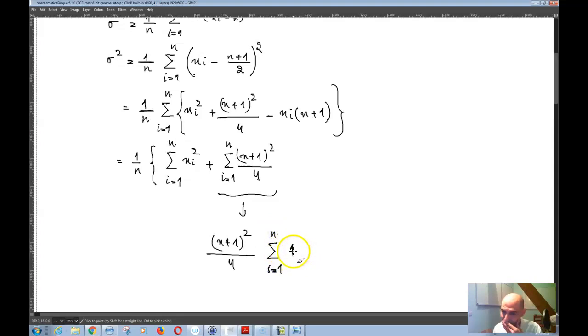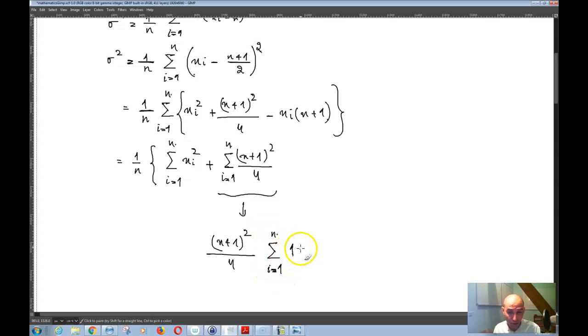Now sigma of 1 as i goes from 1 to n. When i is equal to 1, this is 1.